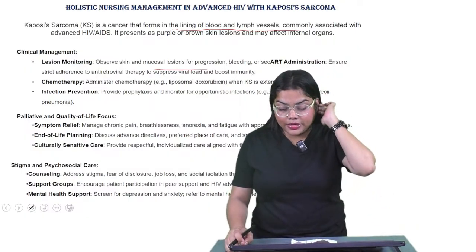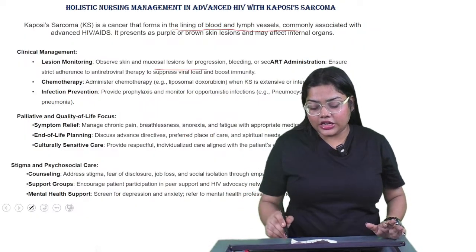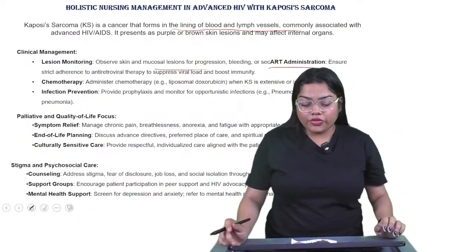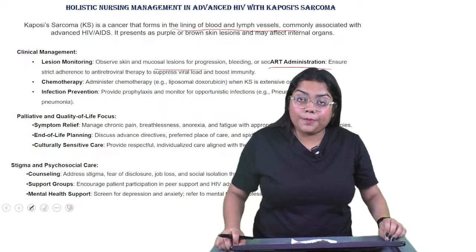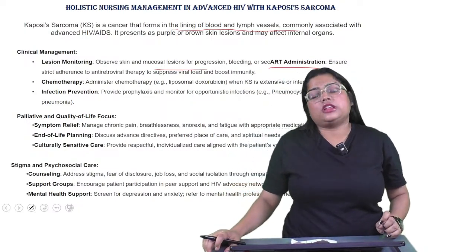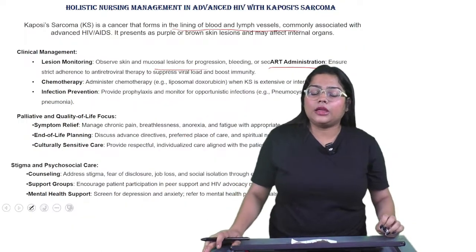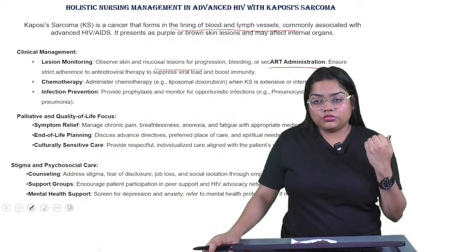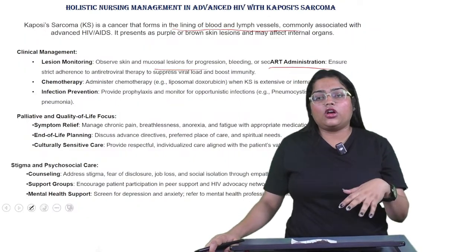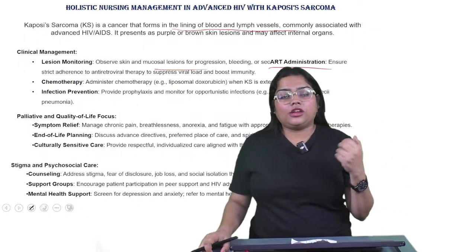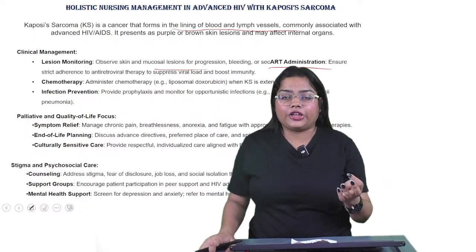Then ART administration. In the antiretroviral therapy administration, we have to ensure strict adherence to antiretroviral therapy to suppress the viral load and boost the immunity. In this case ART is very important, because if we are not able to suppress the viral count in the blood, we will not be able to give any treatment, and if we give treatment it will not be effective, or the drugs will not be effective.